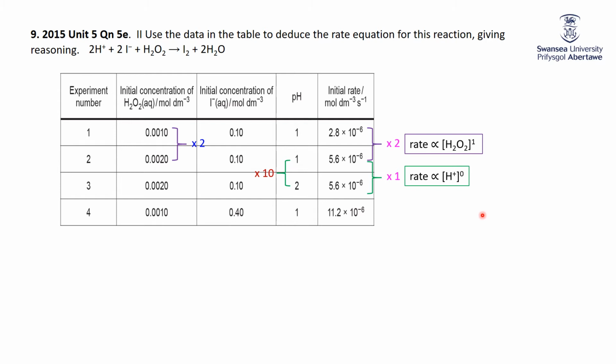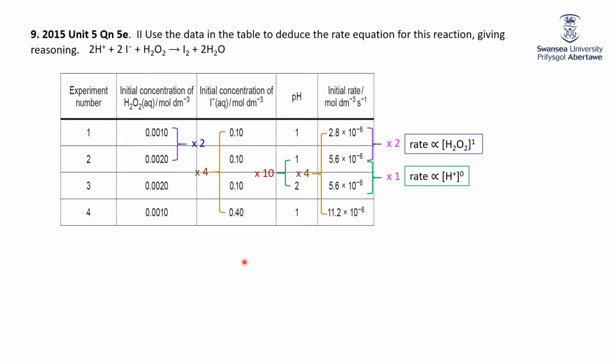And finally, we want the I-. Well, what should we compare for the I-? How about 1 and 4? 1 and 4, the H2O2 doesn't change. The pH doesn't change, although quite frankly, we don't care if it does because it doesn't do anything. And the I- goes from 0.1 to 0.4, so that's a factor of 4.